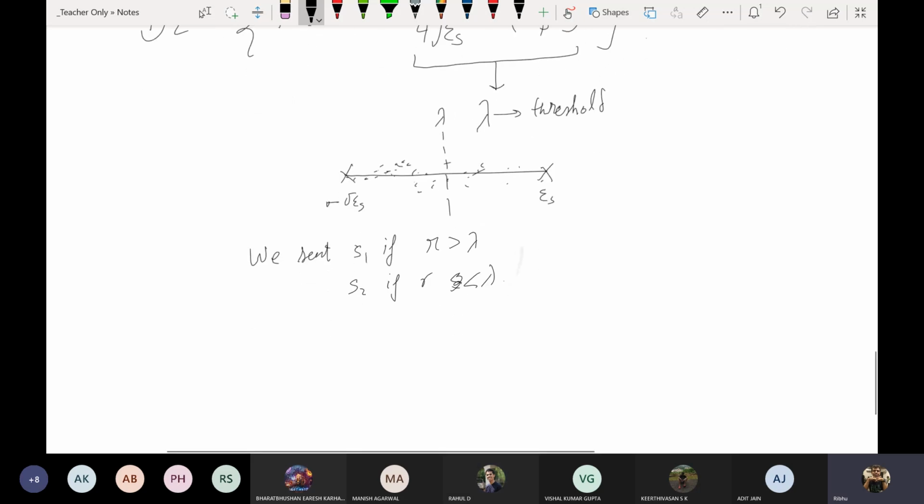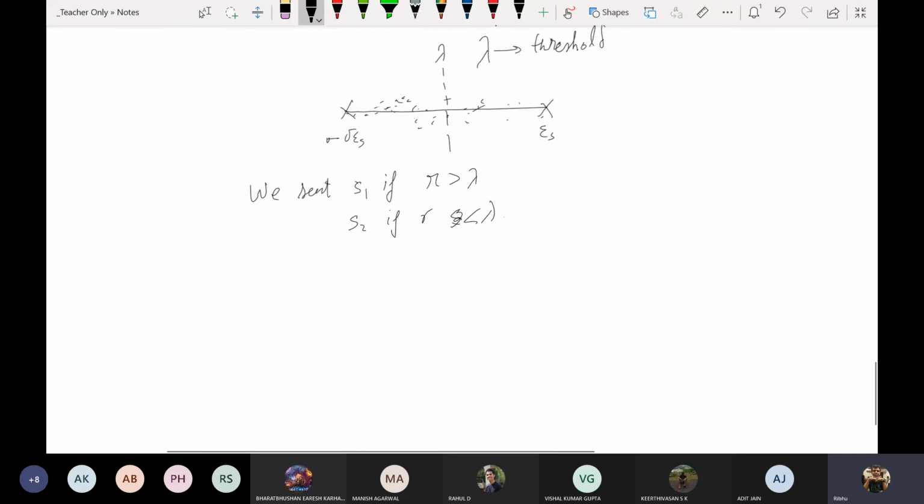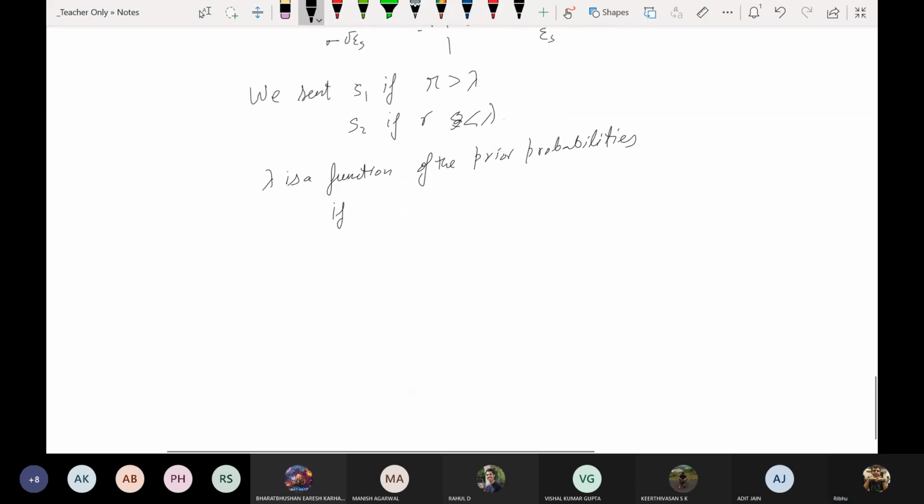And so now the question is that this lambda is a function of the prior probabilities.